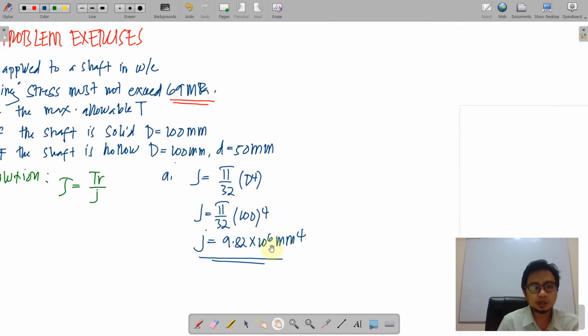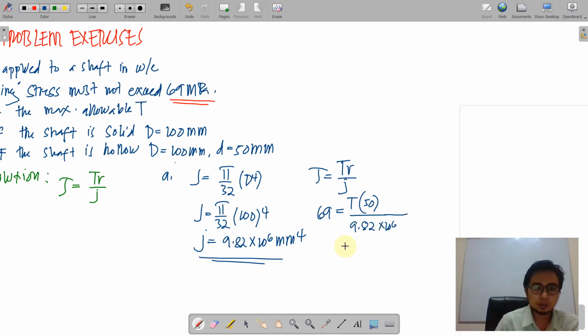By this, we can now automatically substitute this on the formula and then simply solve for the torque. We have here 69, torque is unknown, our radius is 50, and our computed J is 9.82 times 10 raised to 6. So as a result, we have an allowable torque of 13,551,600 Newton mm.